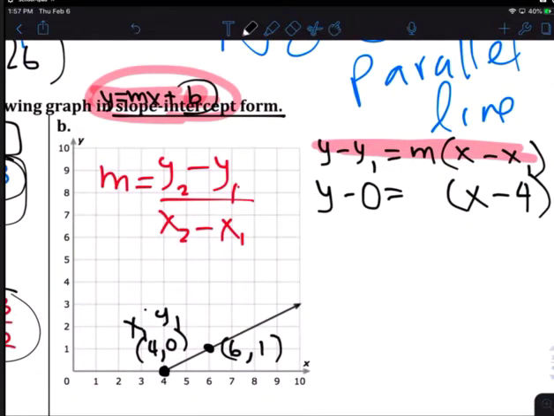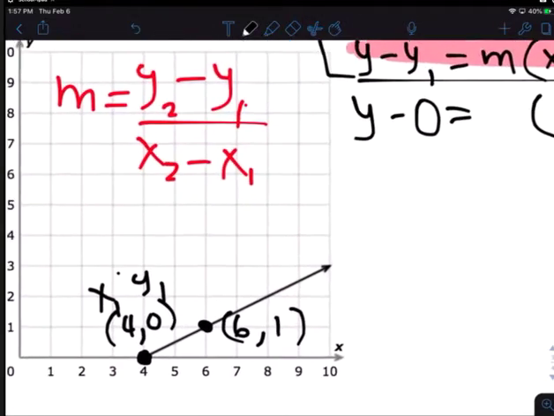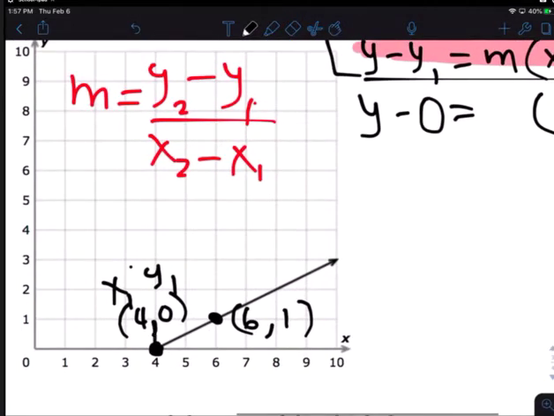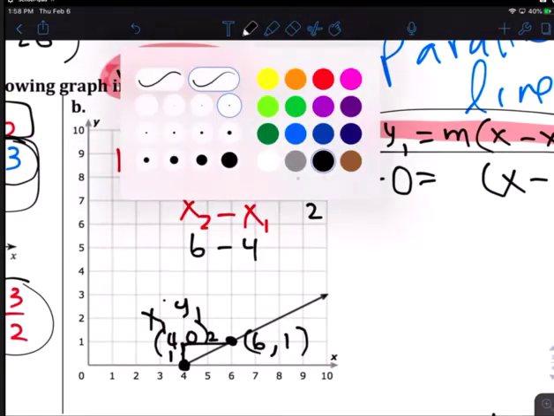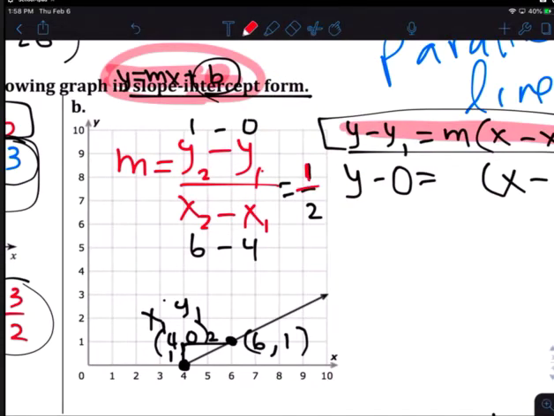It's missing the b, so you have to use point-slope, the one I highlighted. And then you put in the numbers. We're finding the slope here, or we can go up 1 over 2. It's 1 over 2. Or you can do 1 minus 0 over 6 minus 4, 1 over 2. That's your slope.